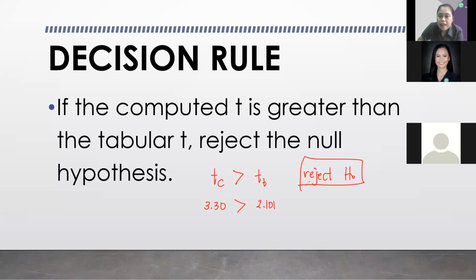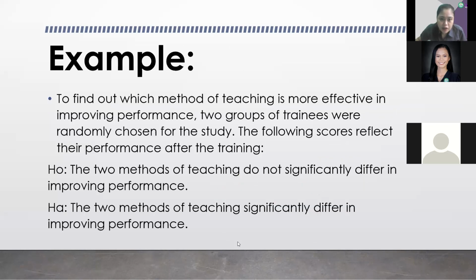So what we will choose is to reject the null hypothesis. That is our decision. We reject the null hypothesis because the computed t is greater than the tabular t.